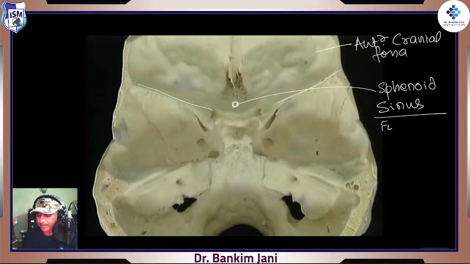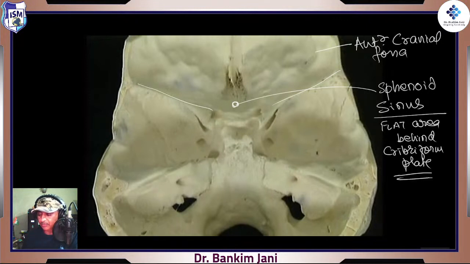A flat area behind. Now this cribriform plate, it is our friend, right? We know it very well. So we simply say it is the flat area behind cribriform plate. Make sense? So that would be sphenoid sinus. When we'll be discussing the paranasal sinuses, we'll be talking about maxillary sinus, sphenoid sinus.